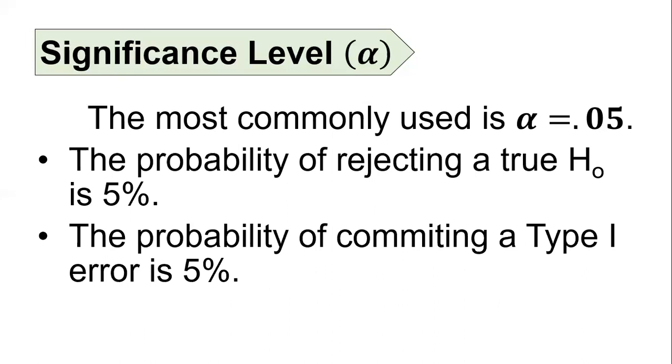So in this case, you are allowing a 5% error. And if you are allowing 5% error, how confident are you that you will be making a good decision? That would be 100 minus 5%, which is 95%. That's what we mean by an alpha of 0.05.